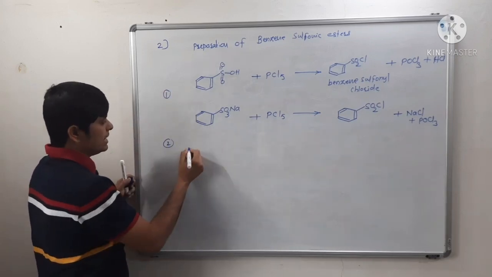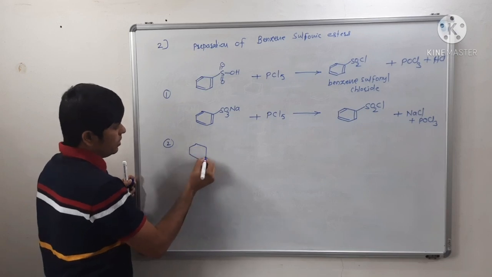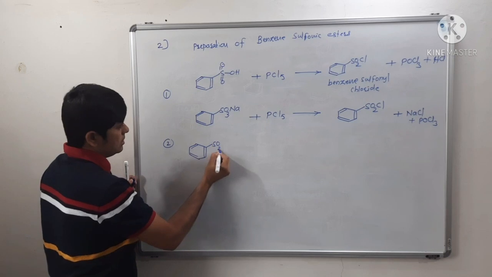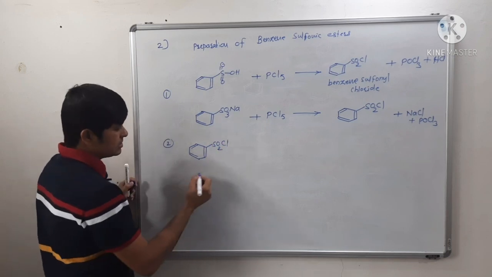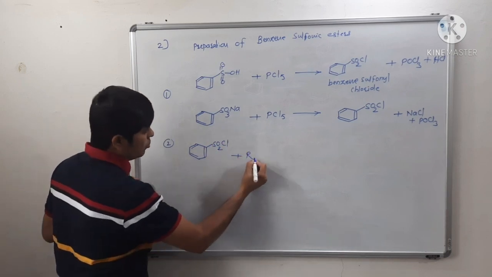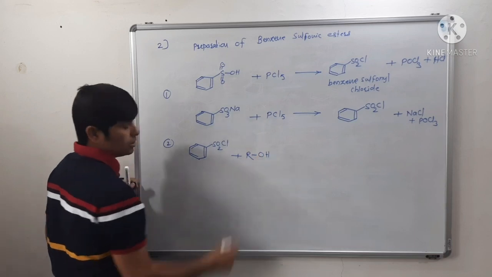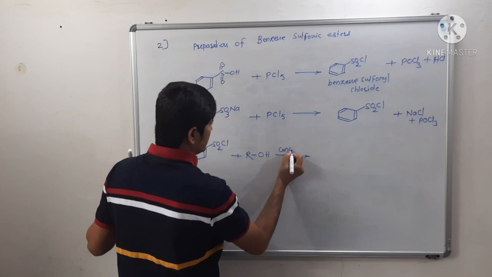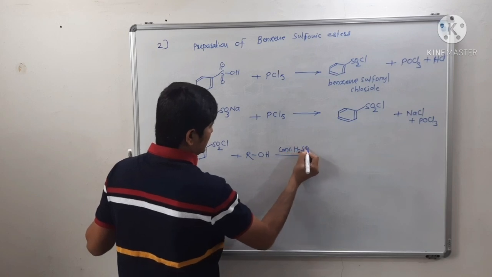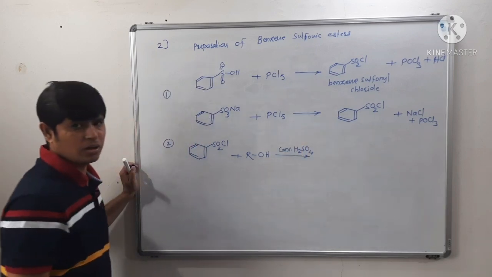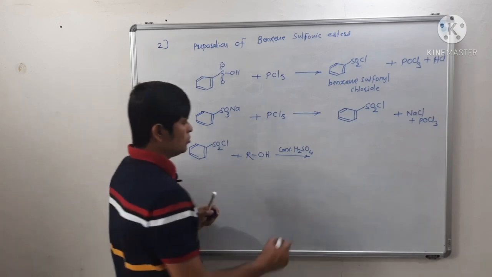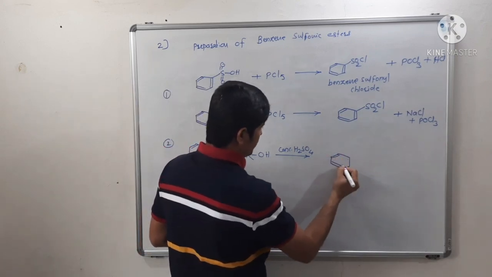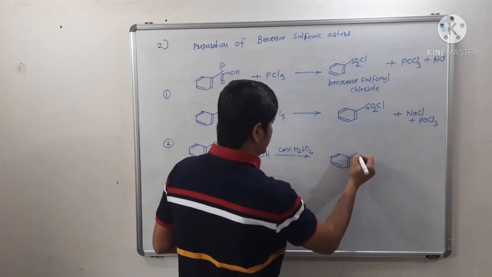In the next step we can react benzene sulfonyl chloride with alcohol. With what? Alcohol in presence of concentrated sulfuric acid. In presence of what? Concentrated sulfuric acid. So what will we get?